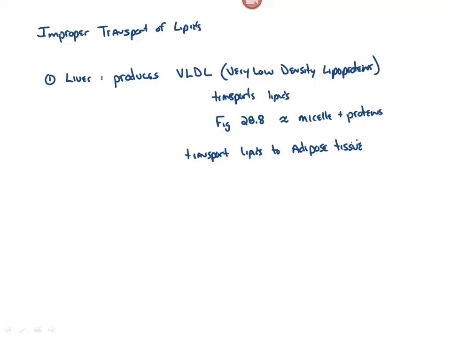So that's responsible for the transportation of the lipids. And at some point in that chain, the VLDLs are converted to LDLs, which stands for, of course, low density lipoproteins.